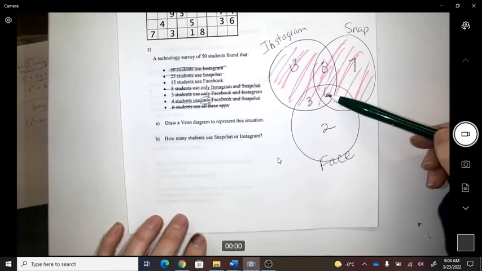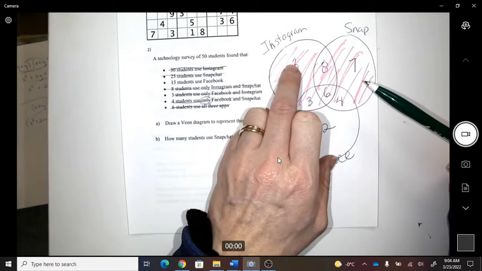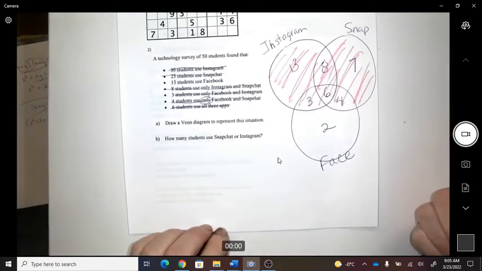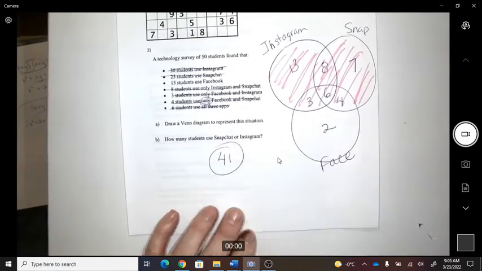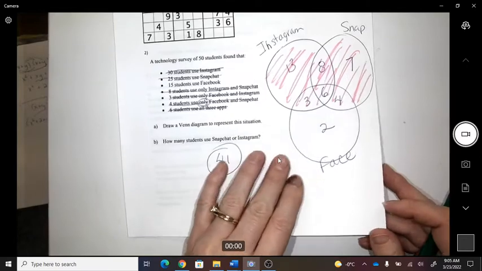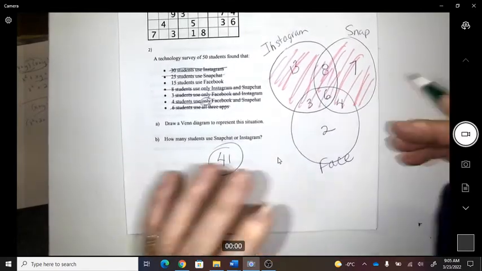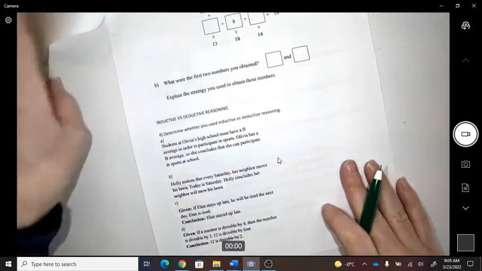Okay, so 10, 20. I got 41. All right, so then that's it. Okay, so an and is an overlap. An or is just like anywhere in anything.